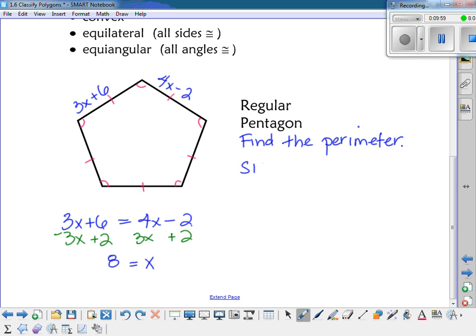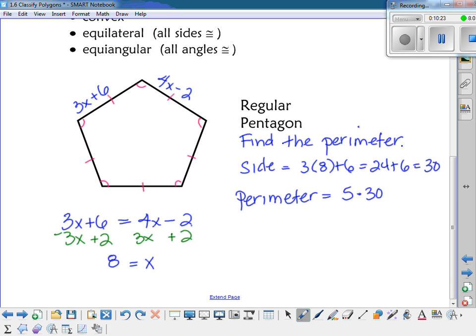So the side is just going to be 3 times 8 plus 6, so that's 24 plus 6, or 30. And so the perimeter is just going to be the number of sides times the length of the side. So the perimeter is just going to be 5 sides times 30 units for each side. The perimeter would equal 150 units.